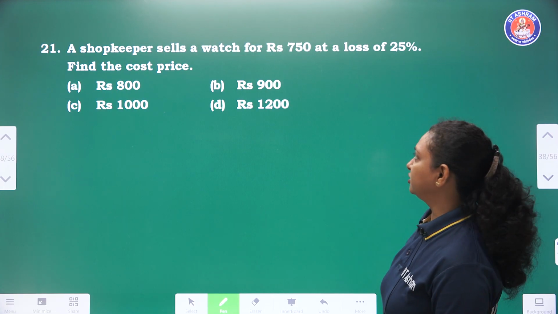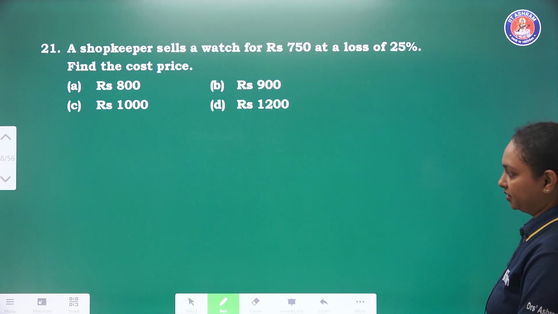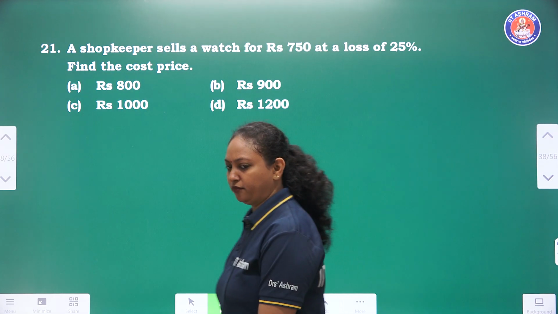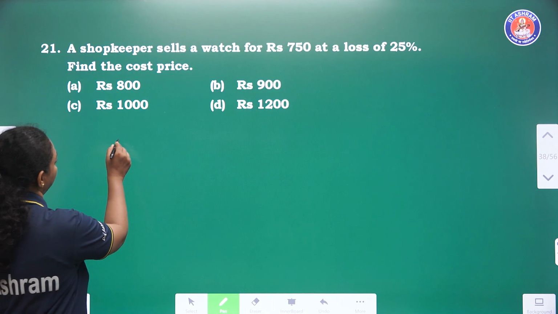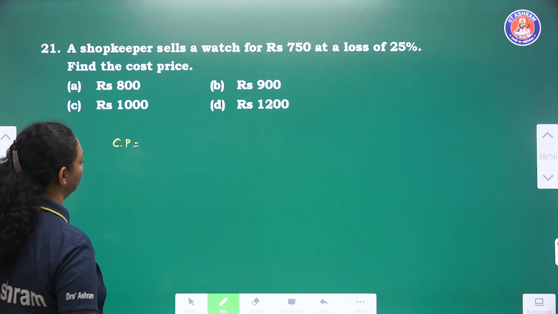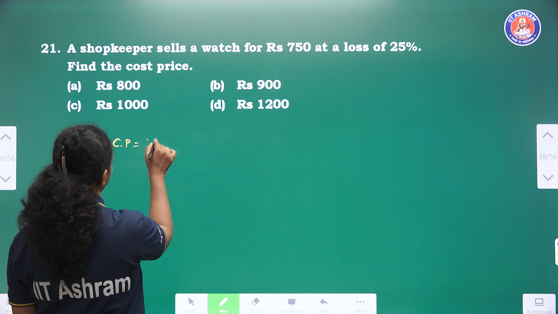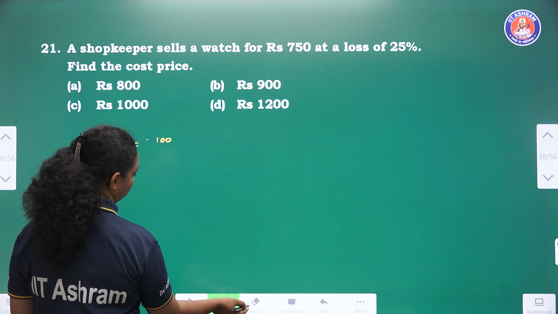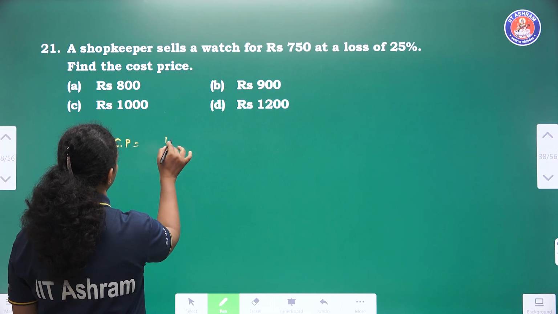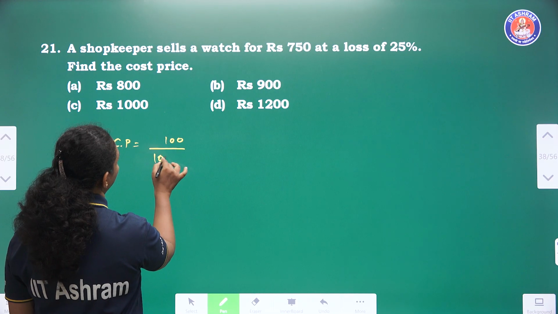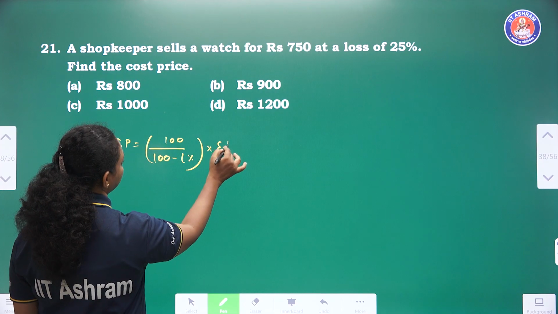A shopkeeper sells a watch for rupees 750 at a loss of 25%. Find the cost price. There is a formula, with which you can definitely do it. What is that formula? The CP of an article is equal to 100 upon 100 minus loss percent into selling price.